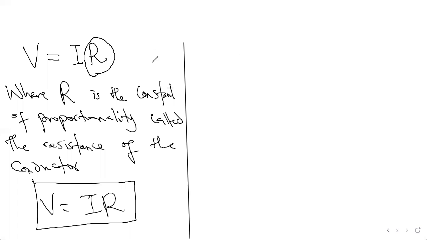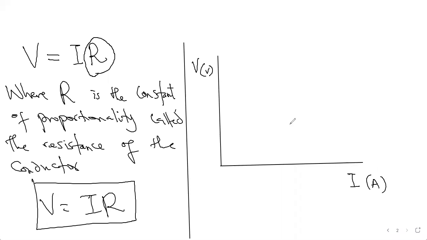There's something we have to check before we go to examples. If you plot a graph of voltage against current, because voltage is proportional to current, it means that if I have V in volts on the vertical axis and I in amps on the horizontal axis, I'm going to have a straight line that passes through the origin.